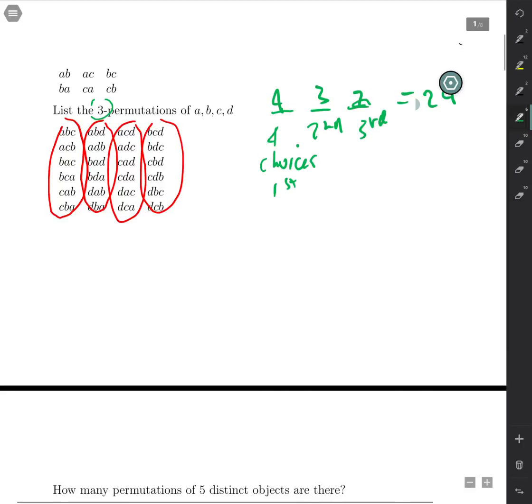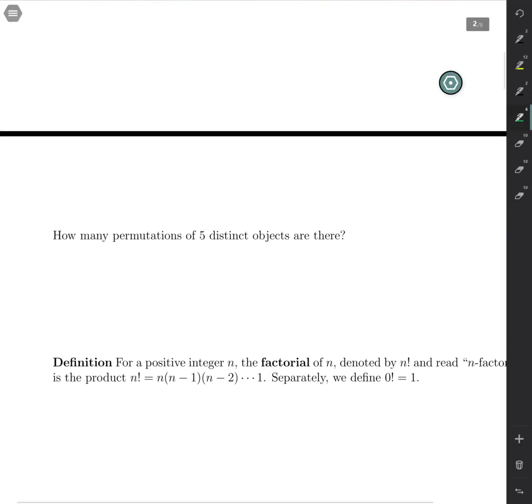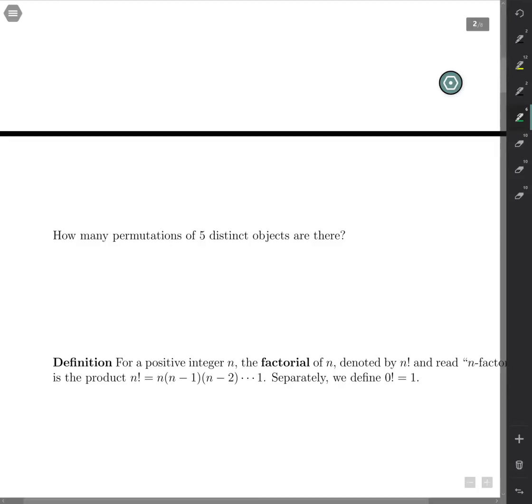So let me go ahead and talk about just permuting 5 distinct objects. How many permutations of 5 distinct objects are there? So this really is like a string of the 5 things. It's just that permutations and combinations are a category of arrangements that are talked about in this way.